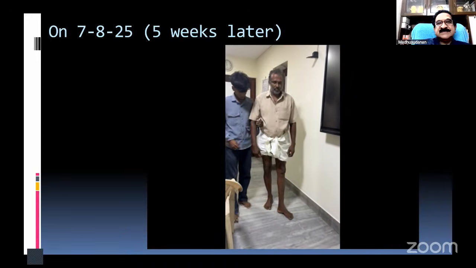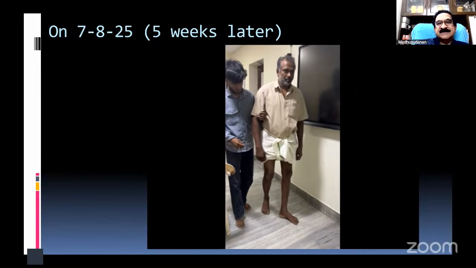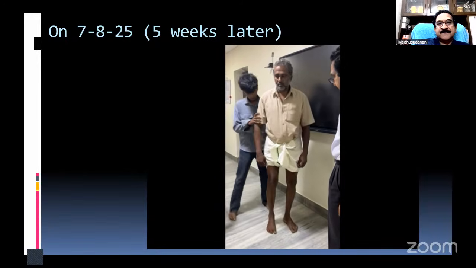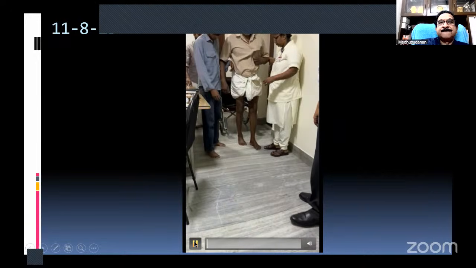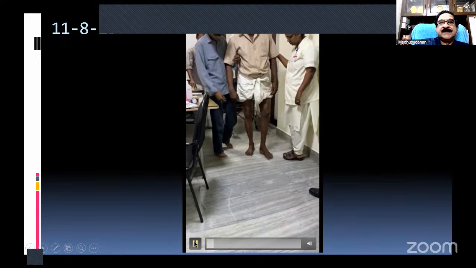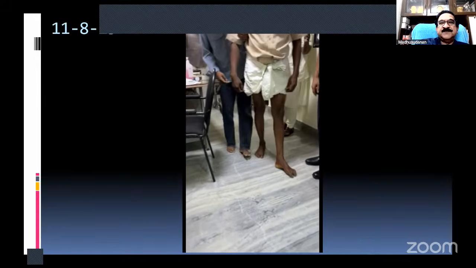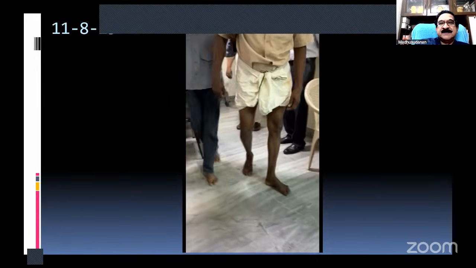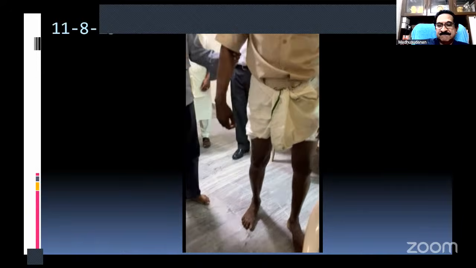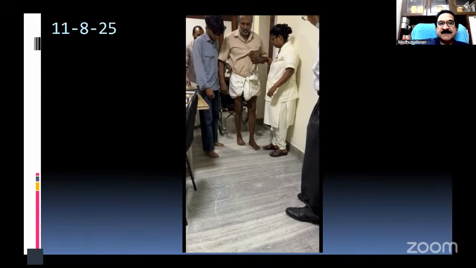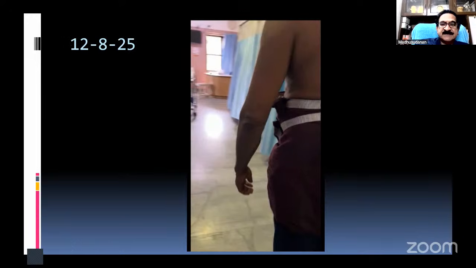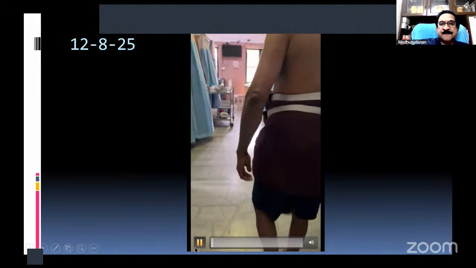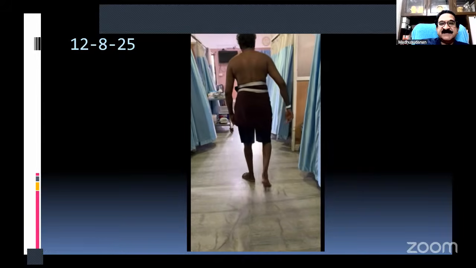This is on 11-8. His walking is still better than before. This is 12-8. Walking is still better.